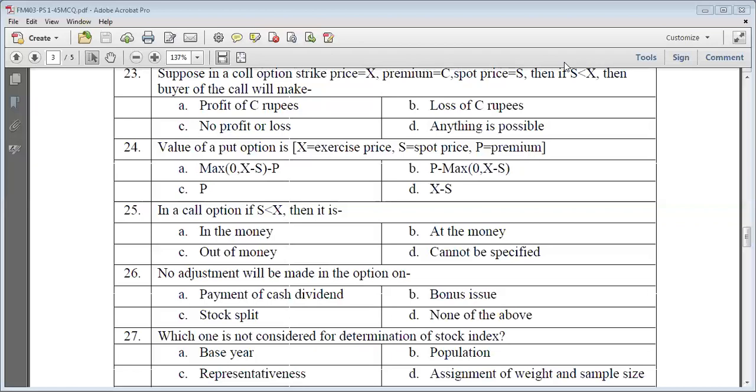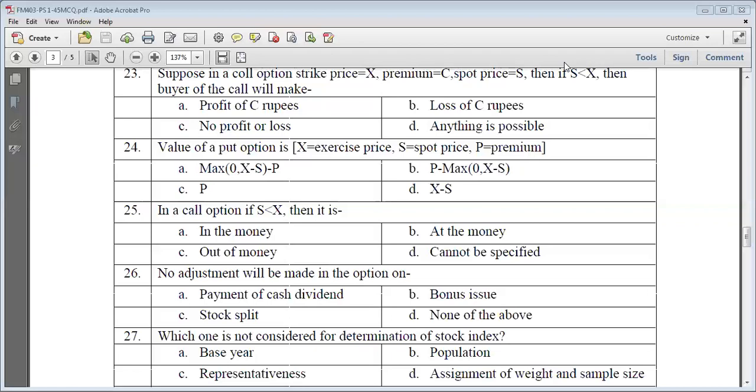So the profit will occur if spot price is less than, sorry, spot price is greater than X, because in that case you will buy at X, which is the lower price, and you will sell at S at a higher price.